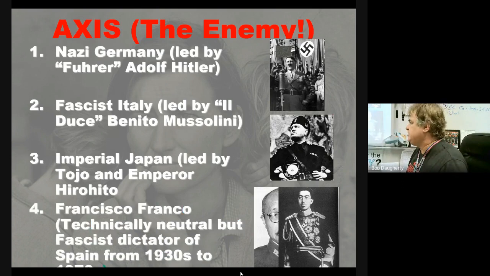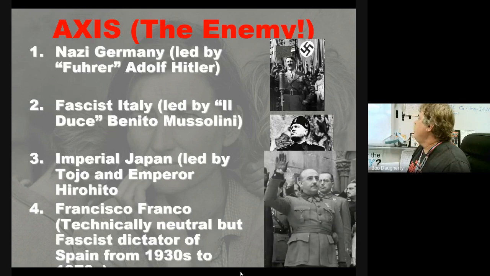Now, I added this one as well because this is going to come up for AP purposes as well as STAR purposes. This man's name was Francisco Franco. Franco became the dictator of Spain following the Spanish Civil War. In the mid to late 30s, Spain had a civil war, and that's important both for AP and STAR.